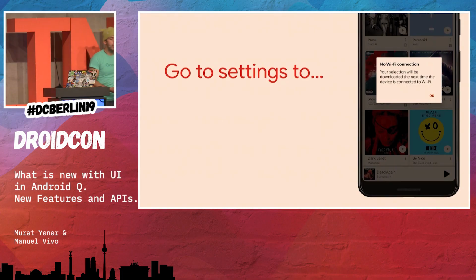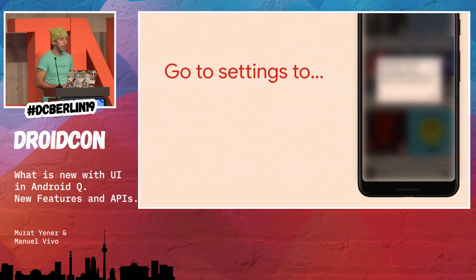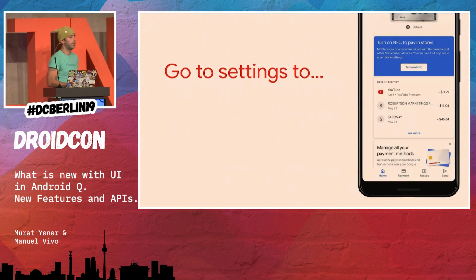Well, if your app needs some functionalities such as Wi-Fi, NFC, or mobile data, and it's turned off, it's kind of a bad experience because the user needs to leave the app, turn it on, and come back. And several things can happen at that time, a notification or something else, and they may never come back to your app.